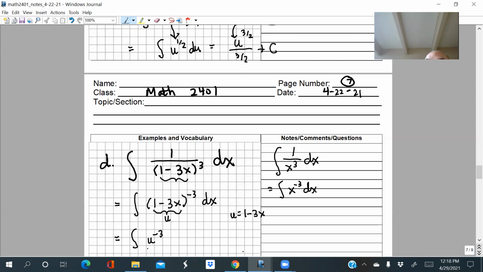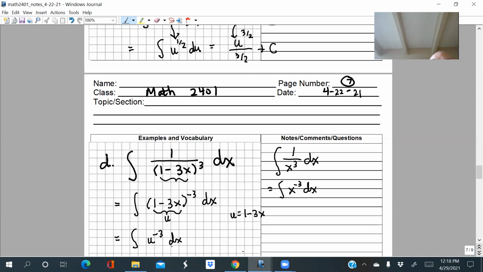And so that is identical, except the variable is different. That's identical to integrating x to the minus 3 power, except it's u to the minus 3 power, but that's just a name change. So now we've made this ugly looking problem into a much simpler looking integration problem. That's the point of doing the substitution.